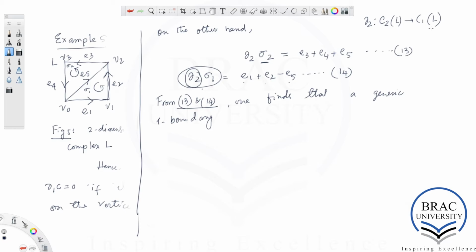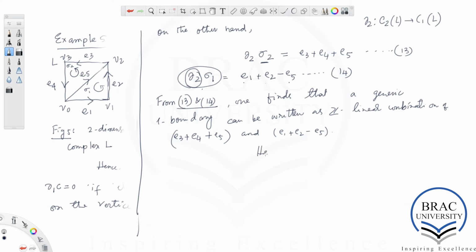Okay. So, from 13 and from 14, one finds that a generic one boundary can be written as a Z linear combination of E3 plus E4 plus E5 and E1 plus E2 minus E5, right?